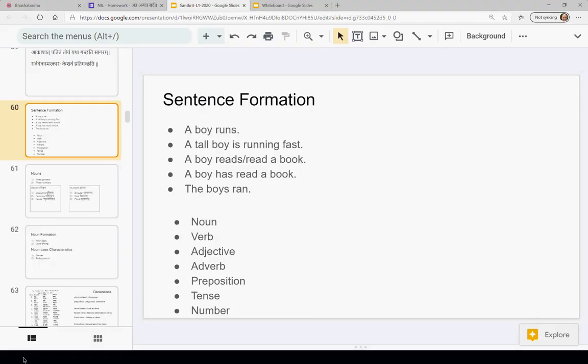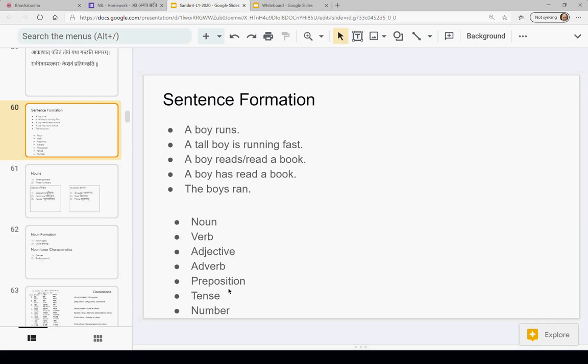Now, what is involved in a sentence? If you look at these English sentences here, we have: boy runs, the tall boy is running fast, reads a book, the boy has read a book, the boys ran. In such cases, what do you see? There is a noun, there is a verb like runs, and an adjective may be there, for example tall, and then an adverb may also be there, describing the action, for example fast, running fast.